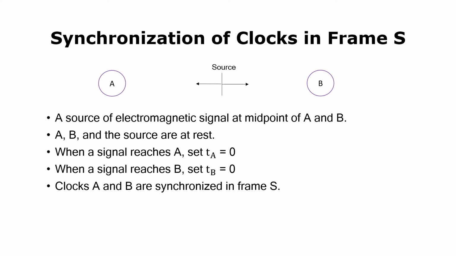At the same time, one signal goes to clock A to the left, another signal goes to clock B to the right. When a signal reaches A, then A's reading is set to 0. When a signal reaches B, then B's reading is set to 0. Now both clocks are synchronized according to frame S. Both are set to 0 at the same time.